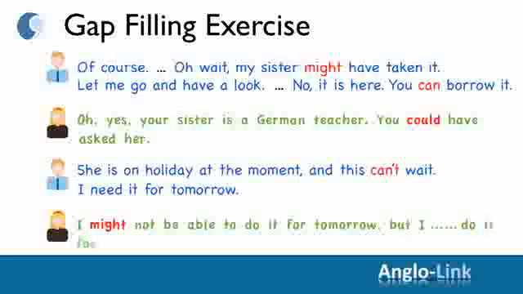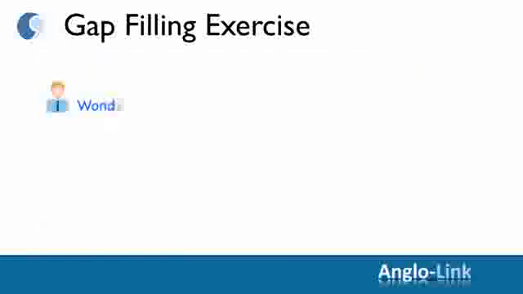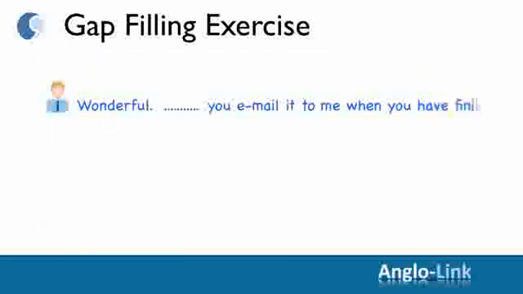But I do it for Wednesday. But I can do it for Wednesday. Wonderful. You email it to me when you have finished? Could you email it to me when you have finished? Sure.